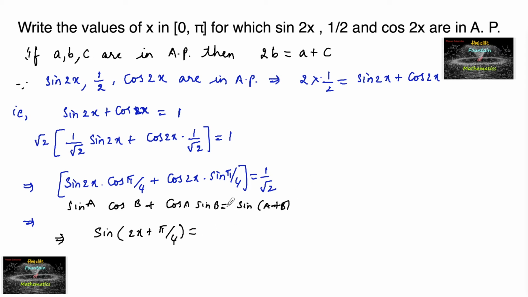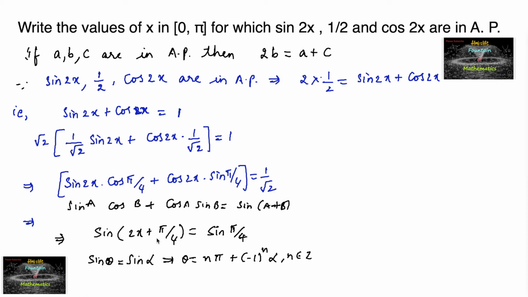In the principal range of sin, that is minus pi by 2 to plus pi by 2, we can take sin pi by 4 for 1 by root 2, and we know that sin theta is equal to sin alpha implies theta is equal to n pi plus minus 1 whole power n alpha, where n is an integer.